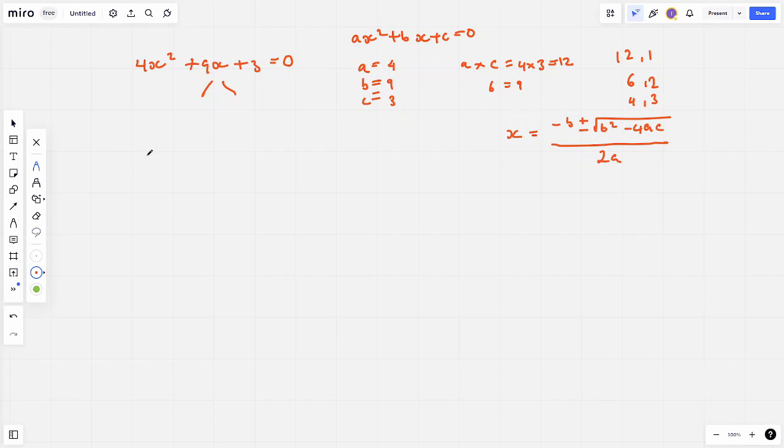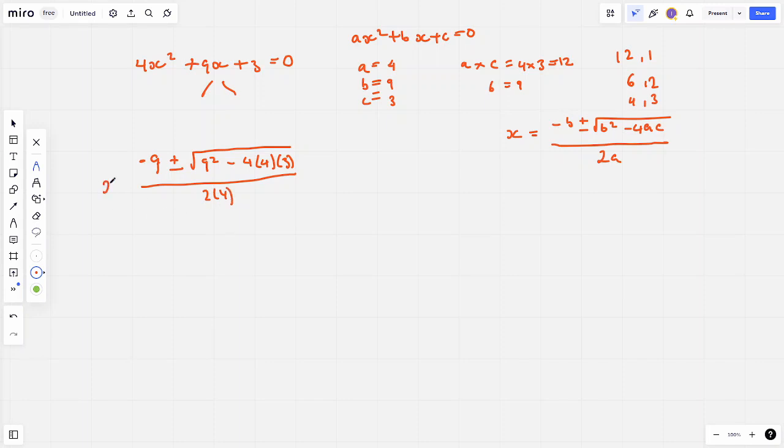So we've got minus b, which is minus 9, as b is a positive 9, so take the minus. We've got plus minus the square root of b squared, again 9 squared, minus 4 times a, which is 4, multiplied by c, which is 3, and all divided by 2a, which is your 2 multiplied by 4.